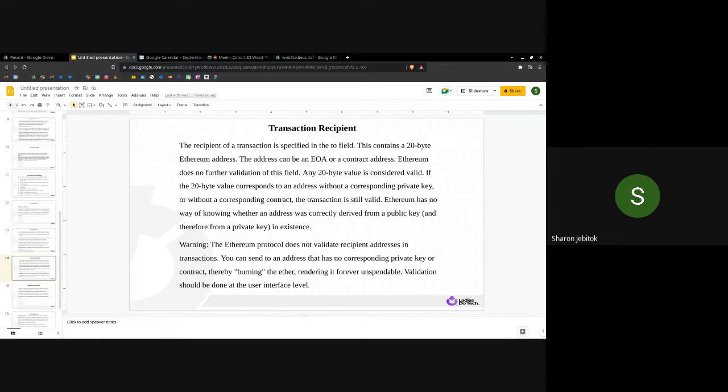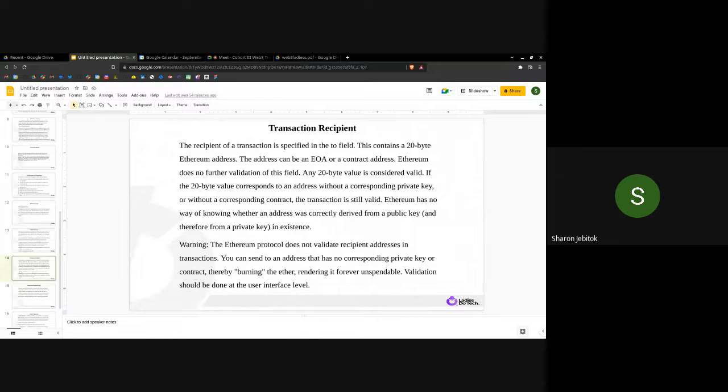So as long as you have entered a valid Ethereum address, that field will be considered valid. If the 20-byte value corresponds to an address without a corresponding private key or corresponding contract, the transaction is still valid.